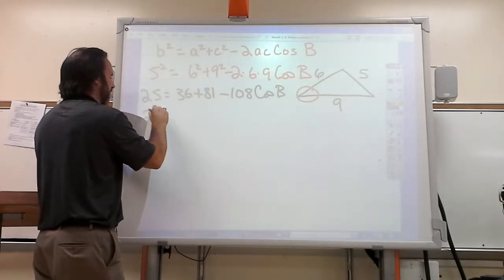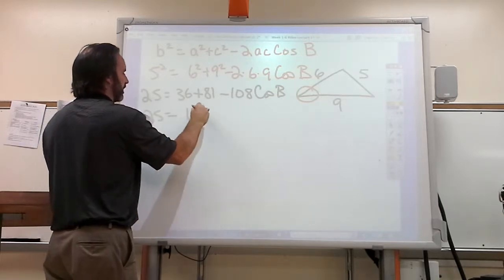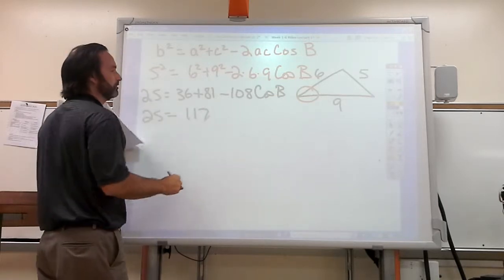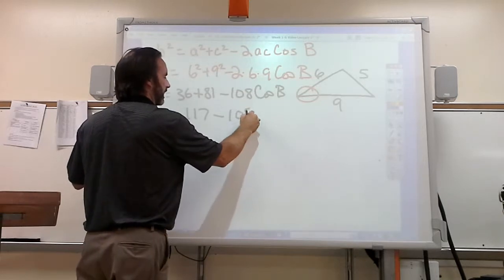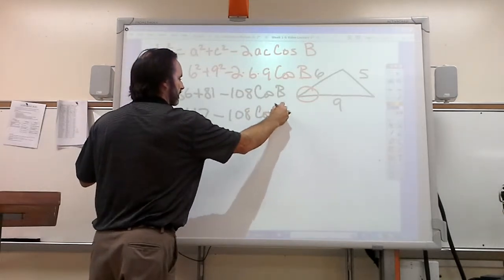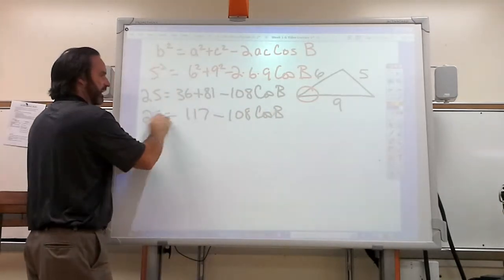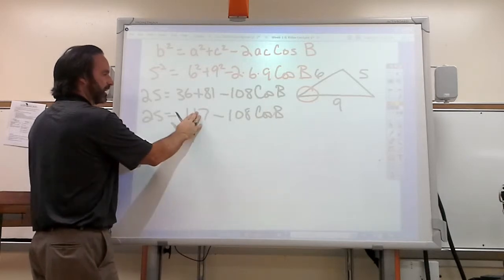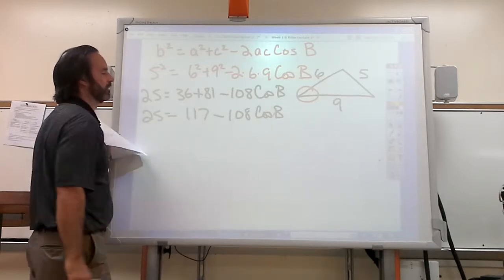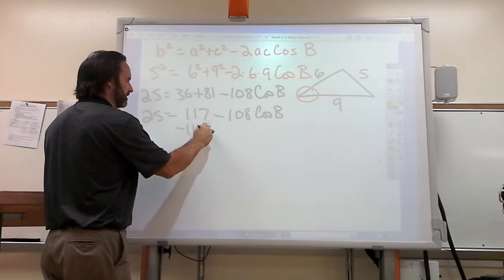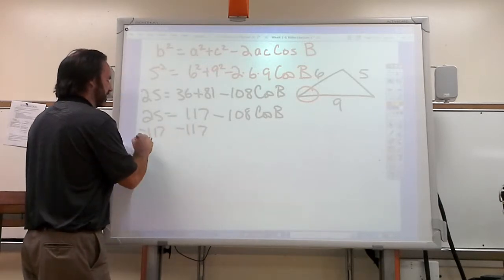This will be 25 equals 117, is that right? Yeah. Minus 108 cosine of b. So we add these two together. Now we're going to subtract this first part. So just minus 117, minus 117.